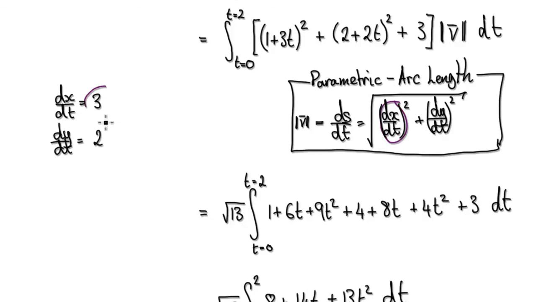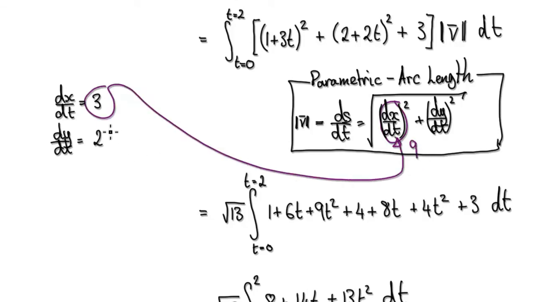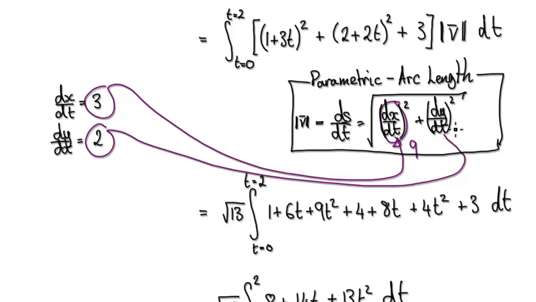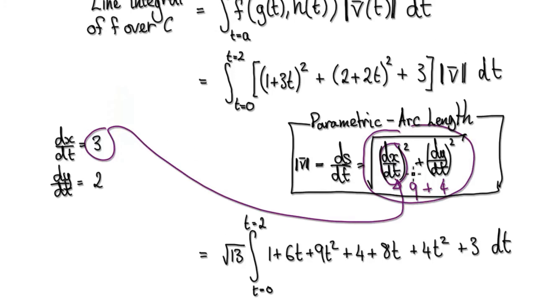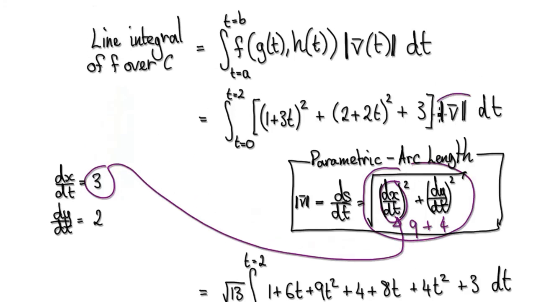So when you put this into here and square it, it would become 9, and then this squared would become 4. So this whole thing here will be the square root of 13. So what goes in here is the square root of 13.